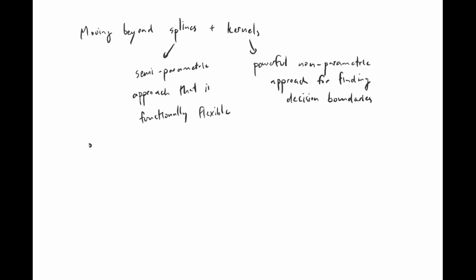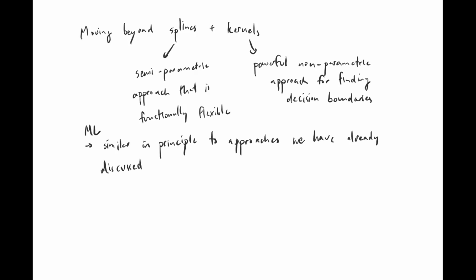And so what we're going to be talking about are techniques that are, in machine learning, similar in principle to approaches we have already discussed, but in practice are powerful tools to handle scaling.